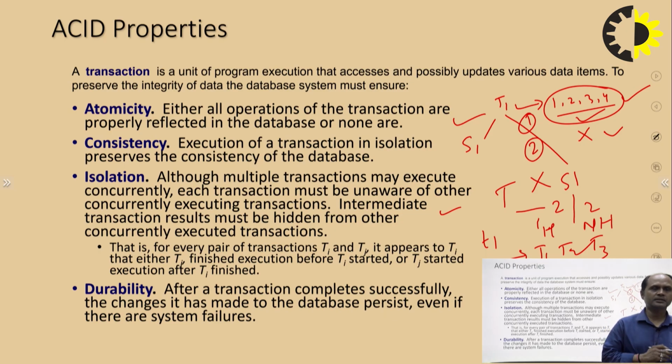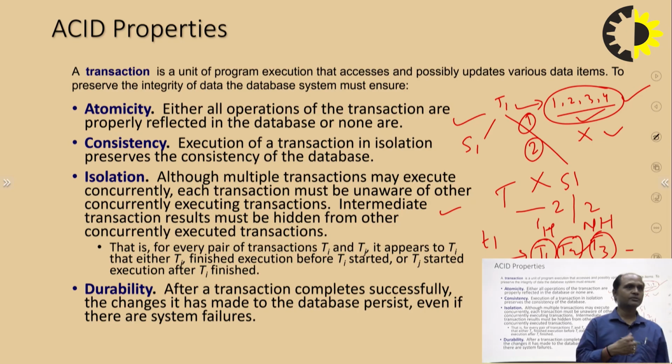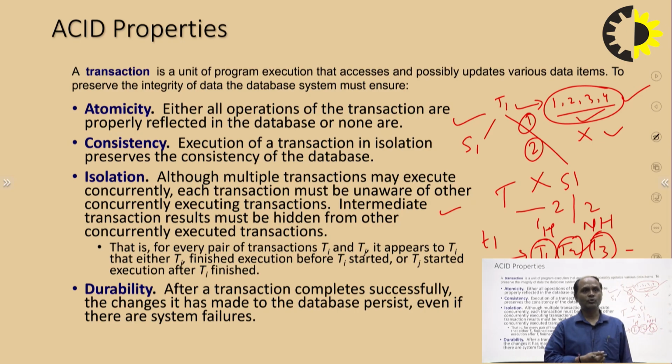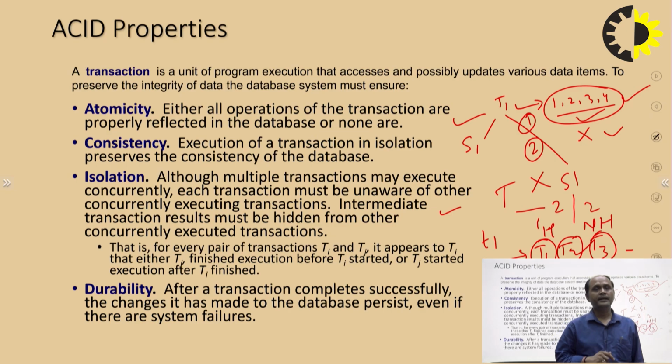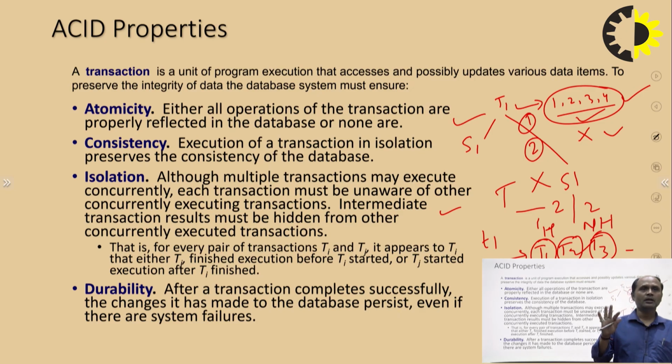So how are the transactions executed? The rule of this property is that all the transactions, T1, T2, T3 and so on, must be executed in isolation. What do you mean by isolation? One transaction cannot disturb another transaction. One transaction cannot interrupt another transaction. It is executed separately. So this property is called isolation.